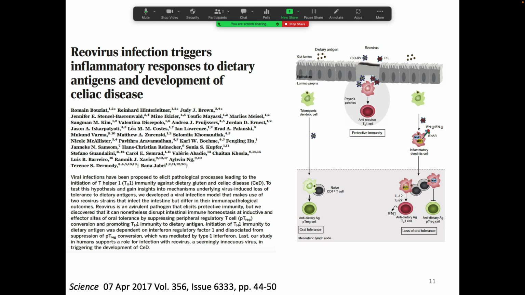At that particular day, that kid might have had a GI virus. In particular, where this has been shown really well, is this virus called reovirus. When that happens, not only are we going to be making some immune responses to the dietary antigen, we're also going to be making some immune responses to the viral antigens.